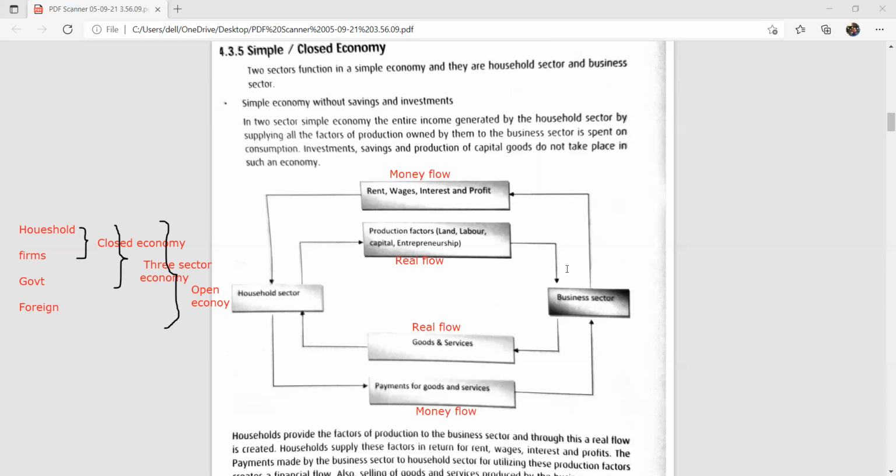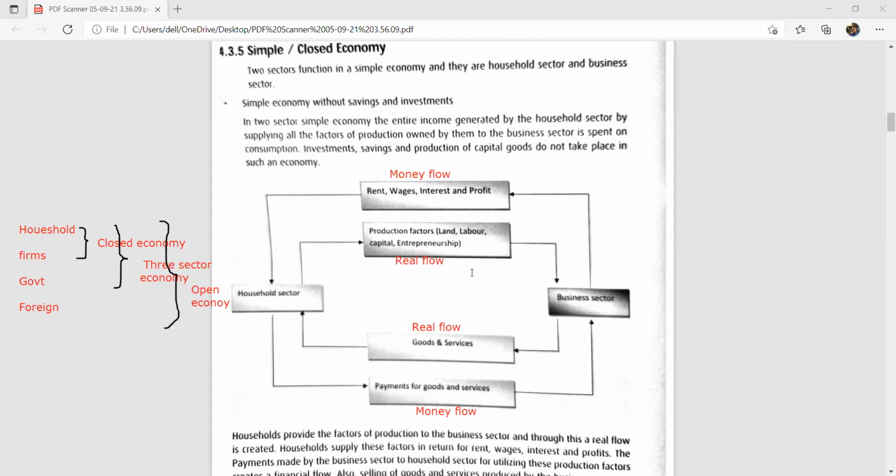So the circular flow model represent the way of circulating real flows and money flows in the economy, in which the total output is calculated by using production, income and expenditure approaches.